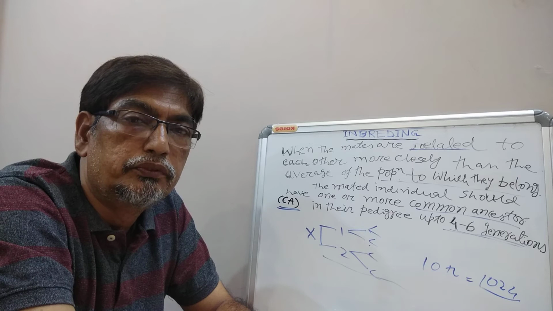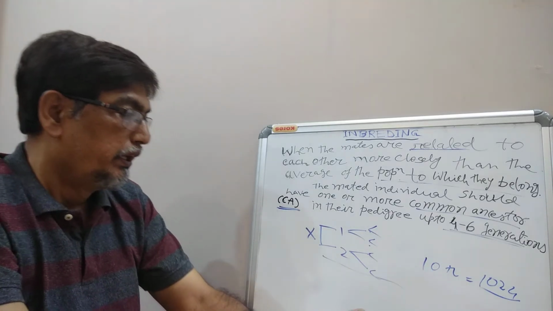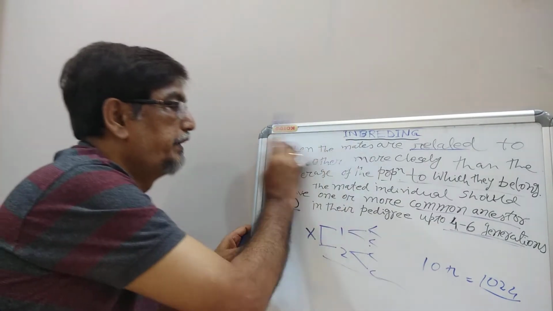So if we go up to the 4th generation, there must be a common ancestor.